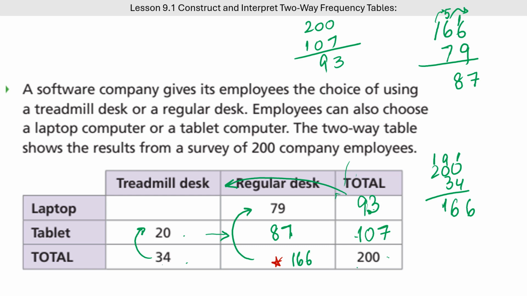So 34 minus 20 gives me 14. And now check 79 plus 14. Does it give me 93? Yes, it gives me 93. 87 plus 20, does it give me 107? Yes. It means all my calculations are correct.